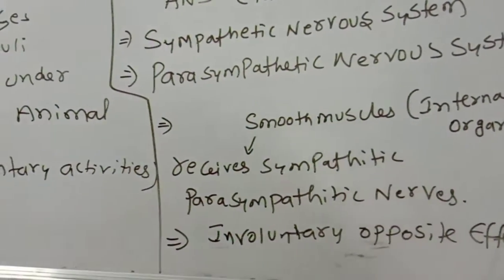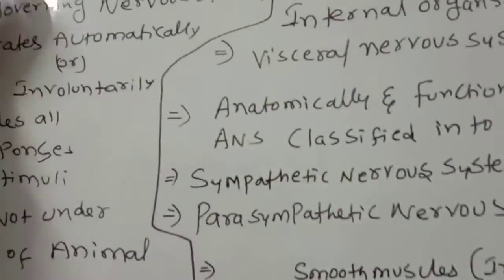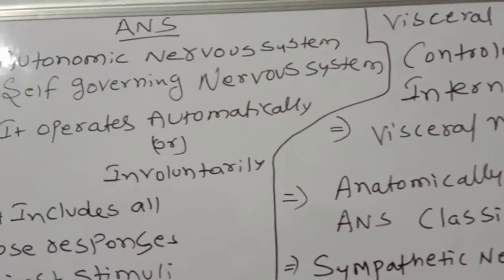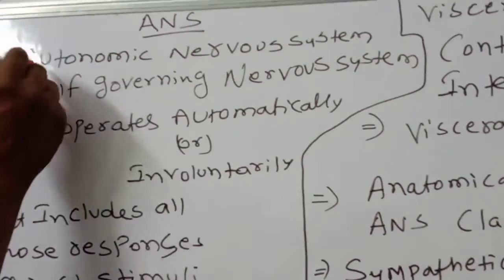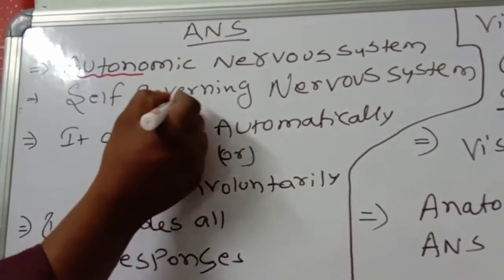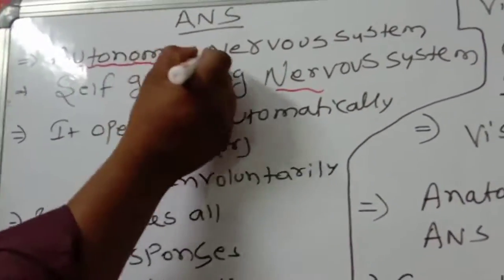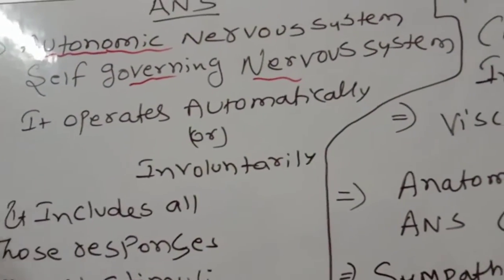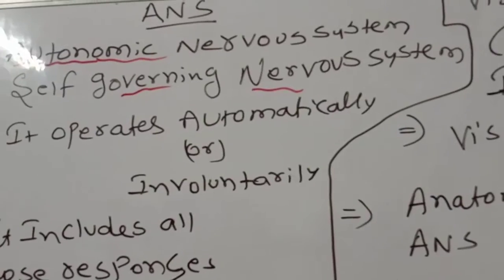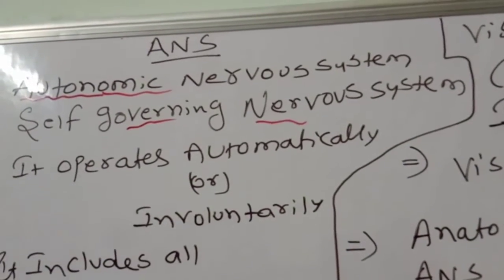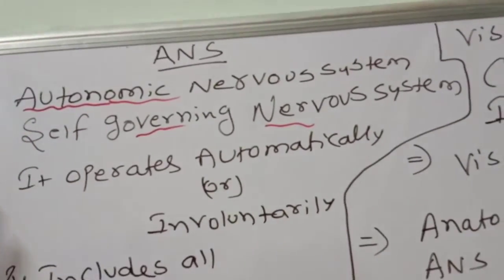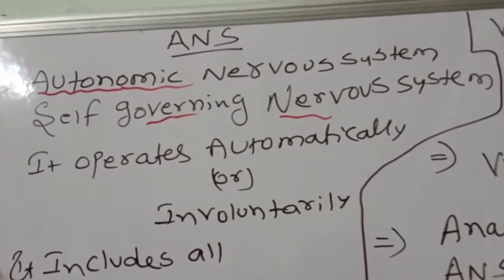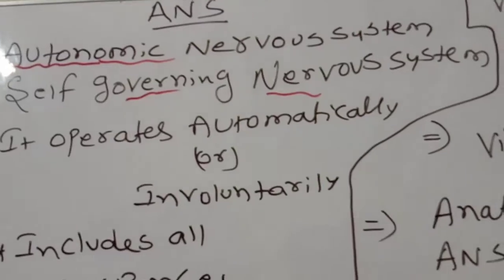First point I am telling you: autonomic nervous system means it's a self-governing nervous system. Without the brain and spinal cord, it works by itself, especially in the visceral organs.